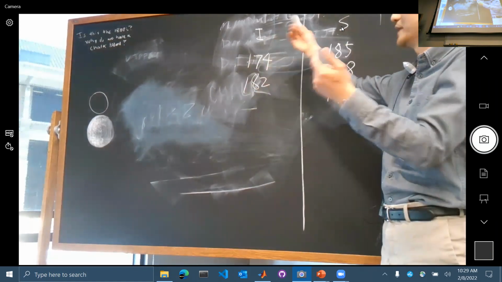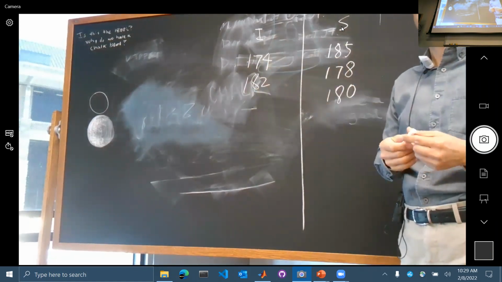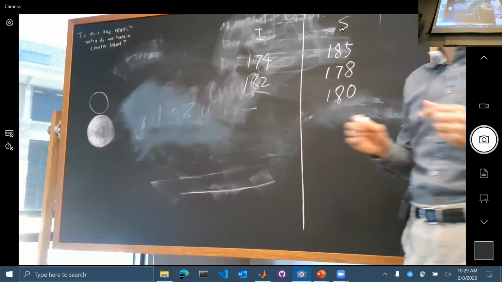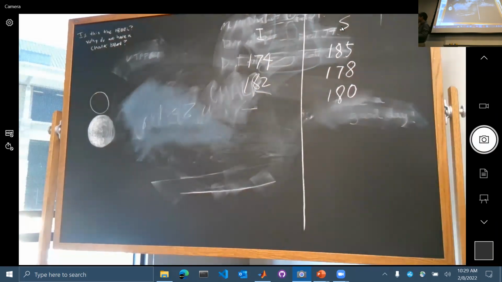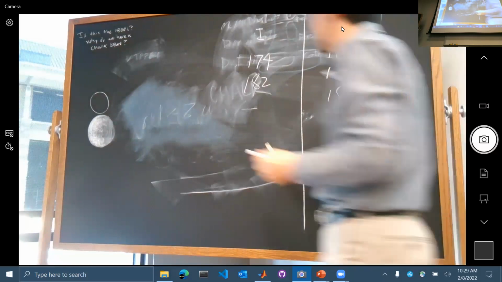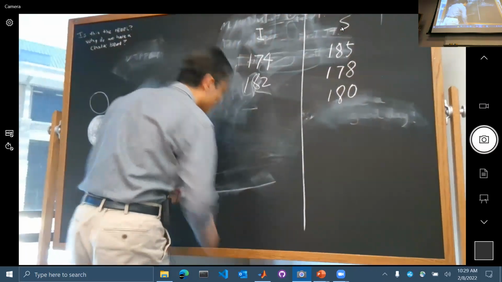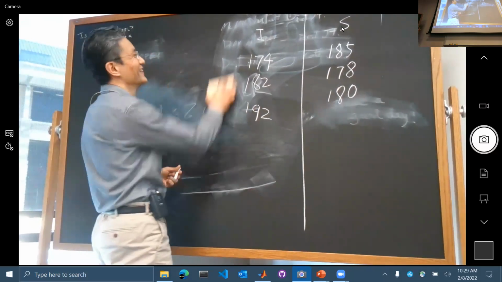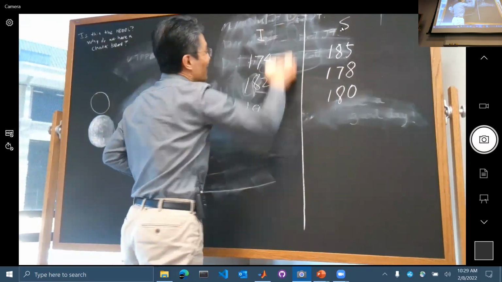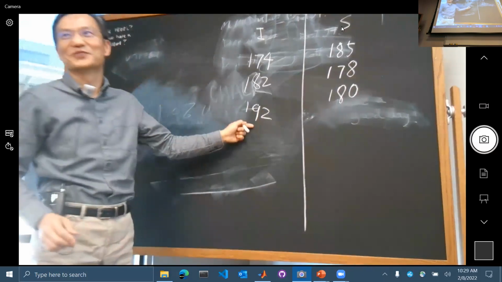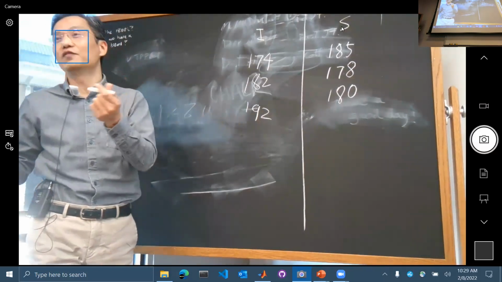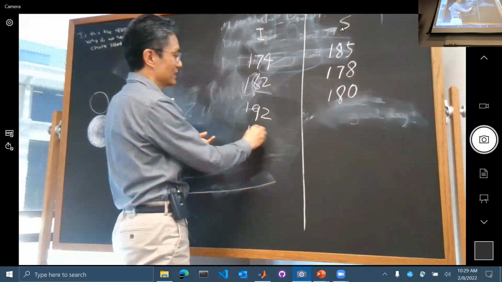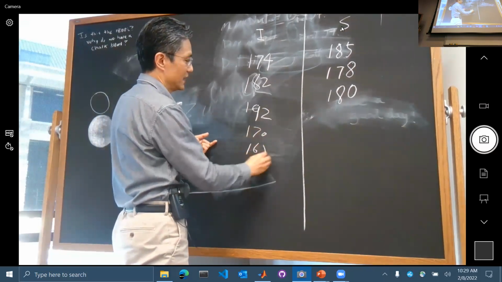A number based on your assumption, the most likely number should be 190. Yeah, so that's not exactly what I want to simulate. I want to simulate around the average, right? So around the average you should have 170, 168, something like that.